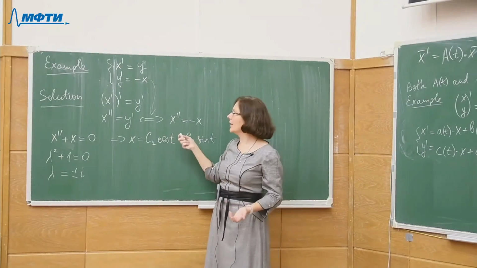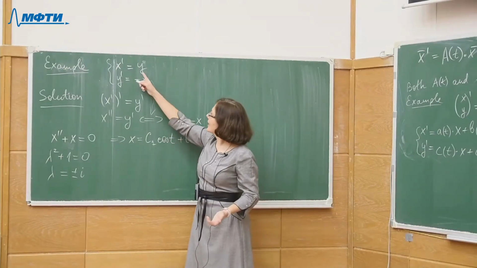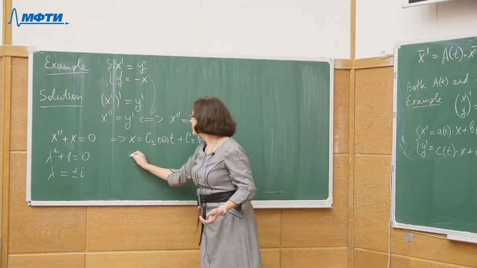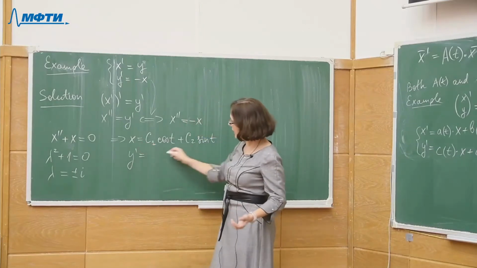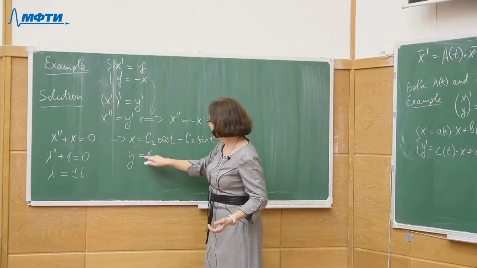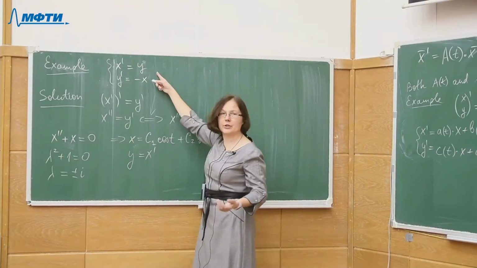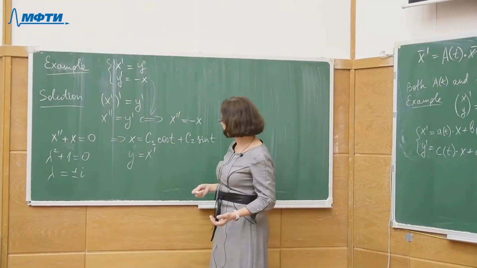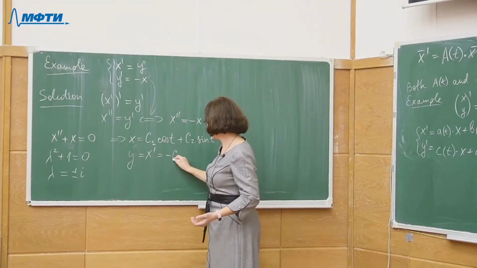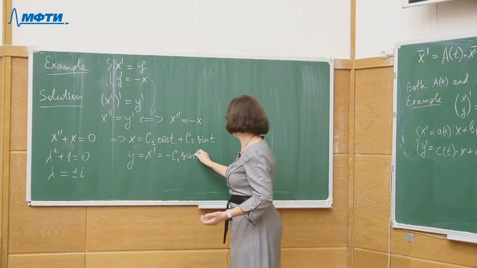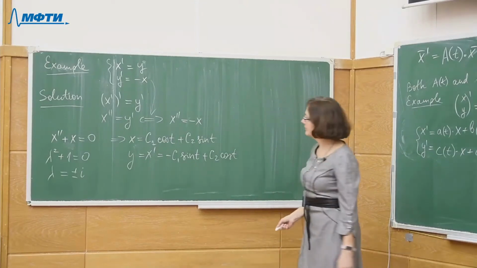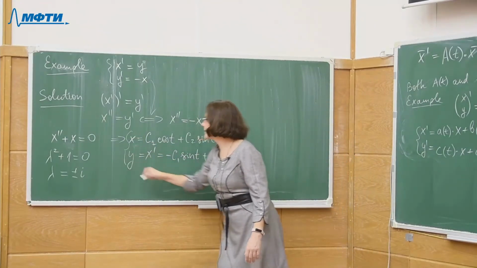We can see from the first equation that y is equal to x prime. So to find y, we should differentiate. So differentiate this, and we will get minus c1 sin t plus c2 cos t. This is y. And this is the complete answer.